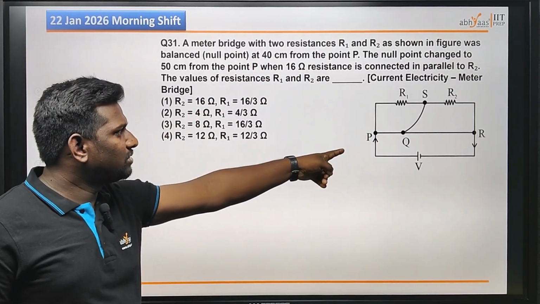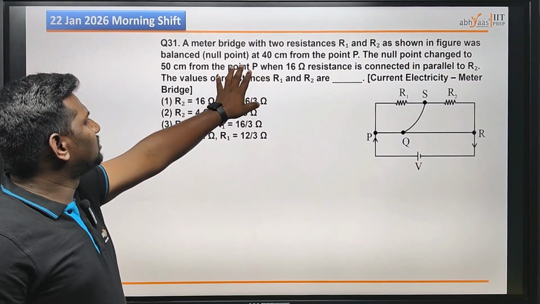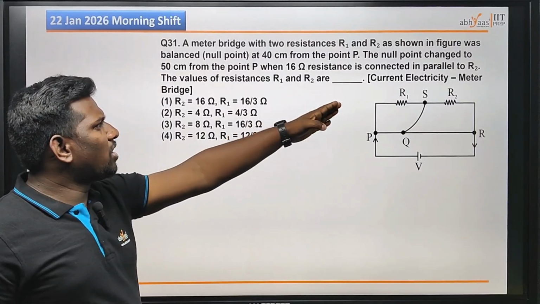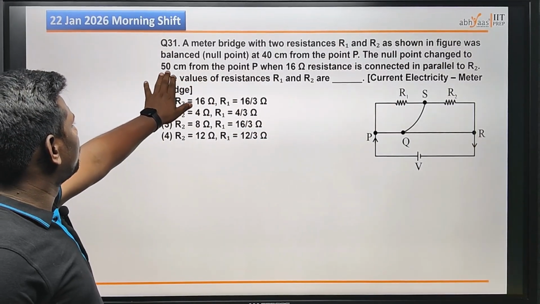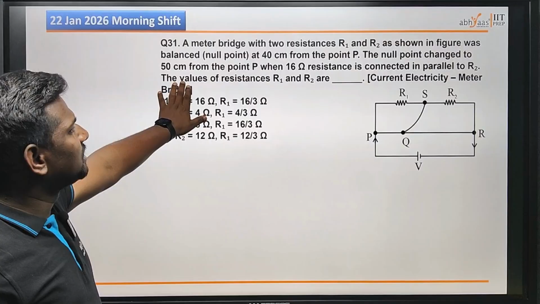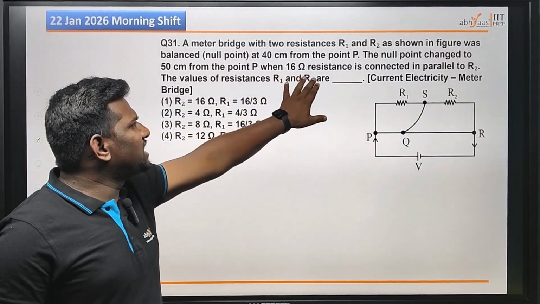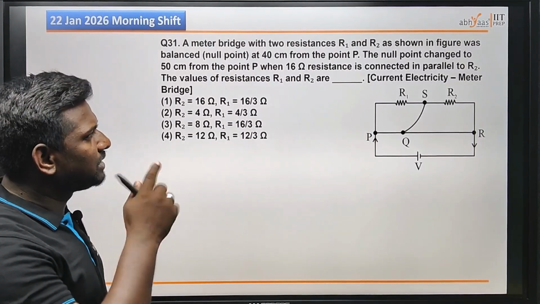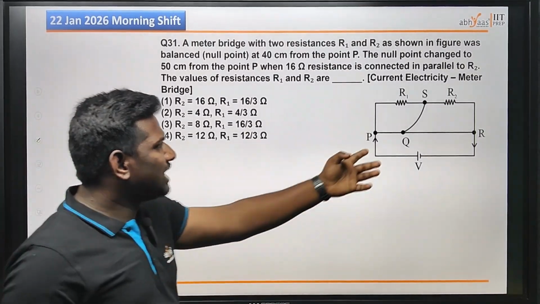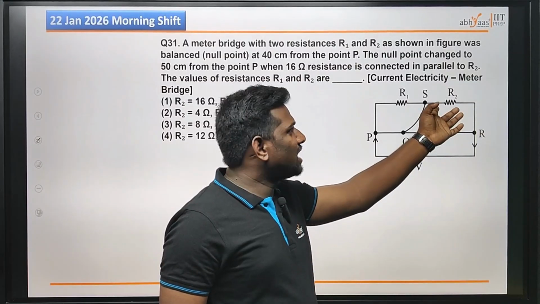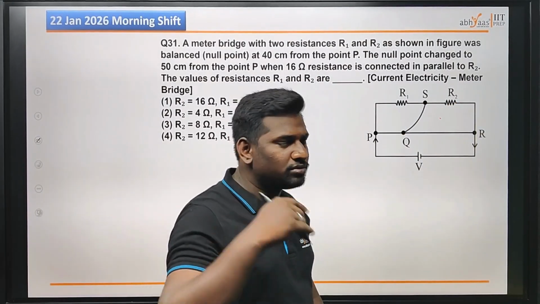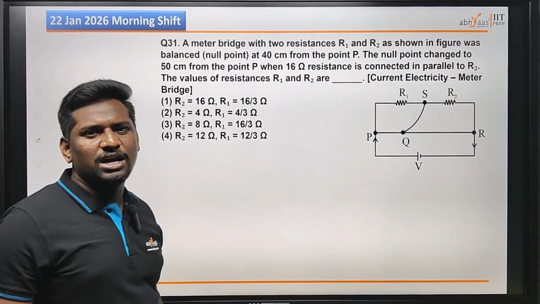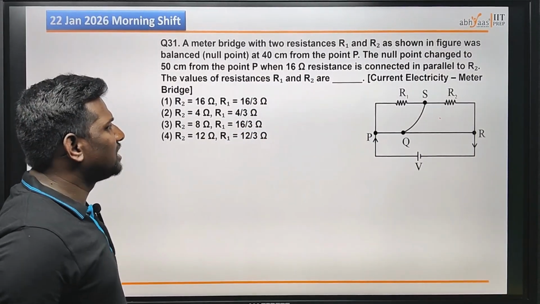At 40 centimeter from the point P, the null point is changed from 40 to 50 when a 16 ohm resistance is connected in parallel to R2 resistor. Then what will be the values of resistances R1 and R2?